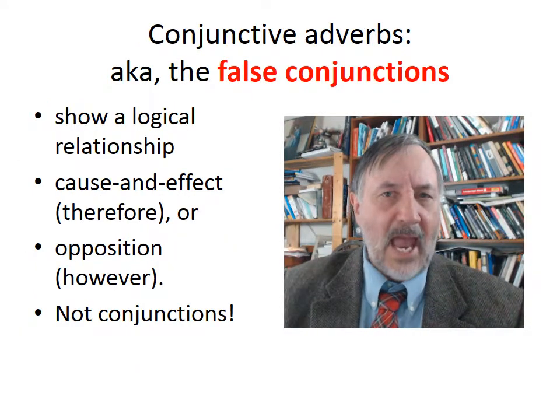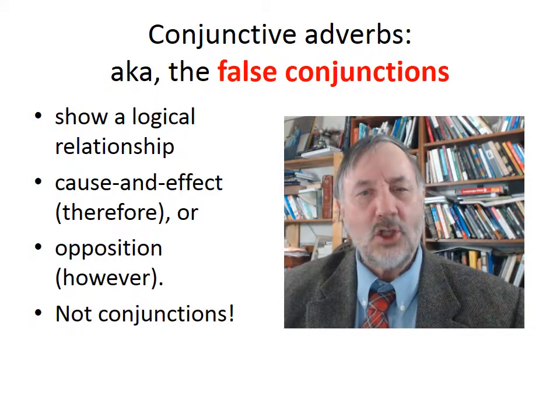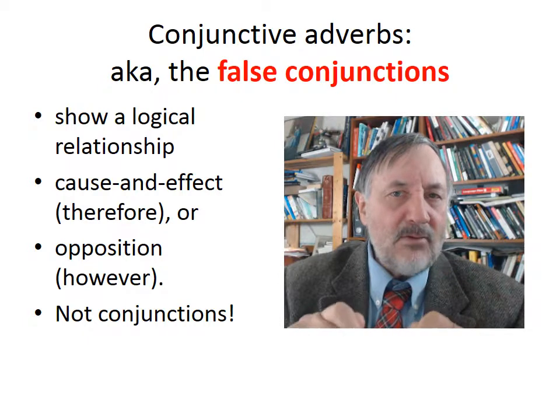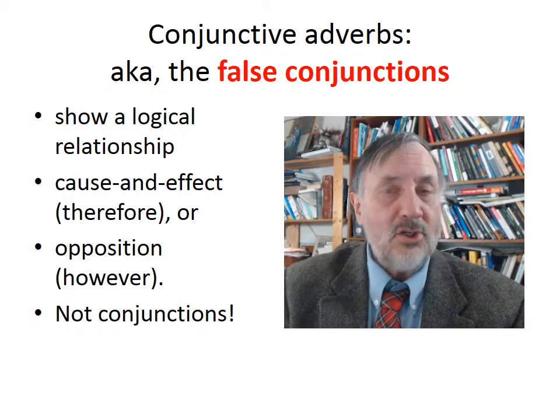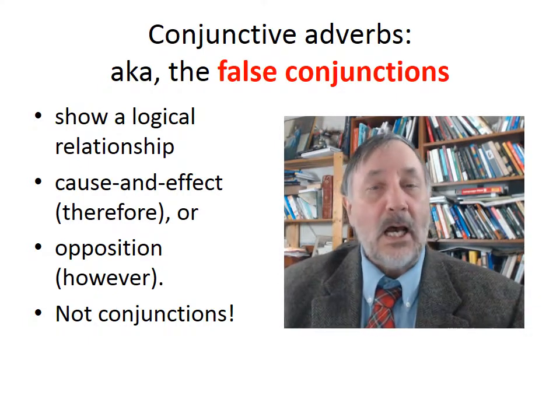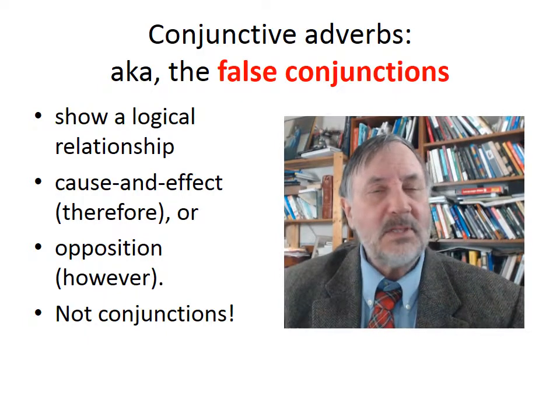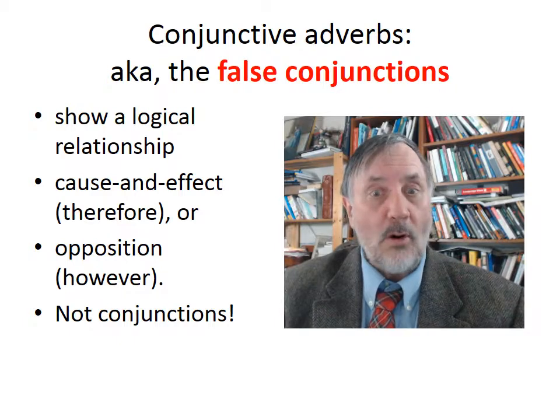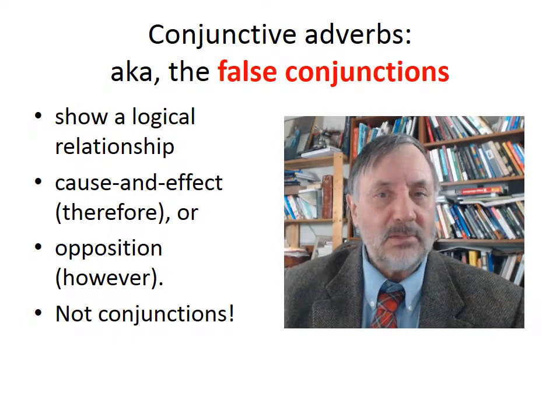These conjunctive adverbs are sometimes called the false conjunctions, because it's very easy for us to confuse them with the regular conjunctions, with the true conjunctions. They show a logical relationship, sometimes a cause and effect relationship, such a word as therefore. Sometimes they show opposition, such as however does.